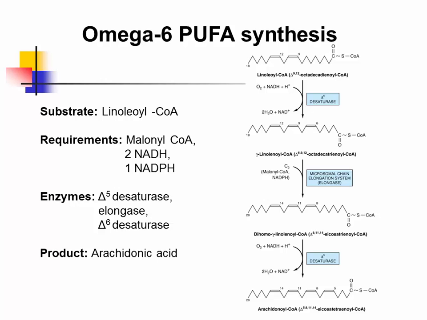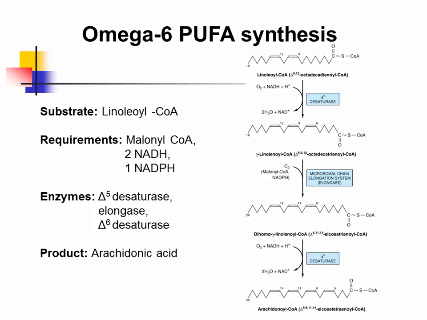Try to notice that the carbon is actually extended between the carboxyl carbon and the double bond close to the carboxyl group. It's not added from the methyl end. It's added between this double bond and the carboxyl group.